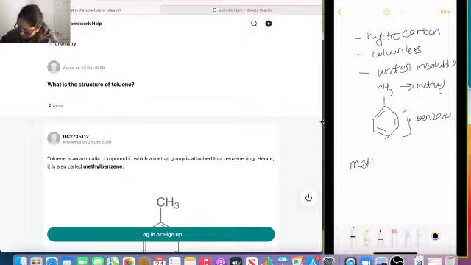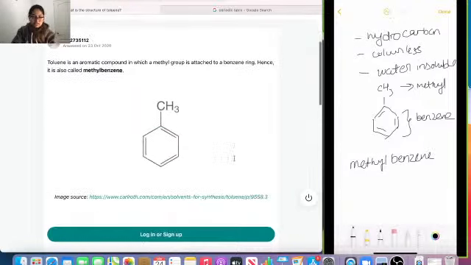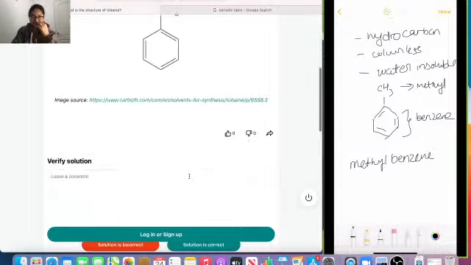So it consists of a methyl group on the first carbon, whichever starting carbon you want to take, and it's a benzene ring, a benzene structure. And yes, this is correct.